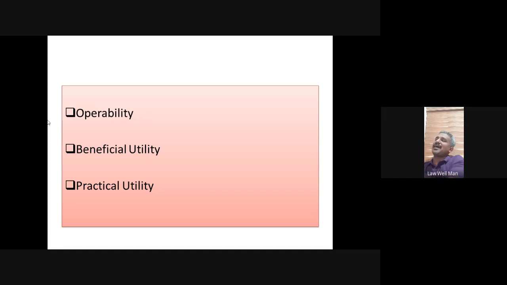Then it might be something new. It might be something non-obvious to the person skilled in the art. But still, it will not be given a patent because it will not have any practical utility. It may not have a beneficial utility. It could be operational, but it cannot be operationalized in a positive sense. So put it in simple words, there should be a positive utility to have a patent.